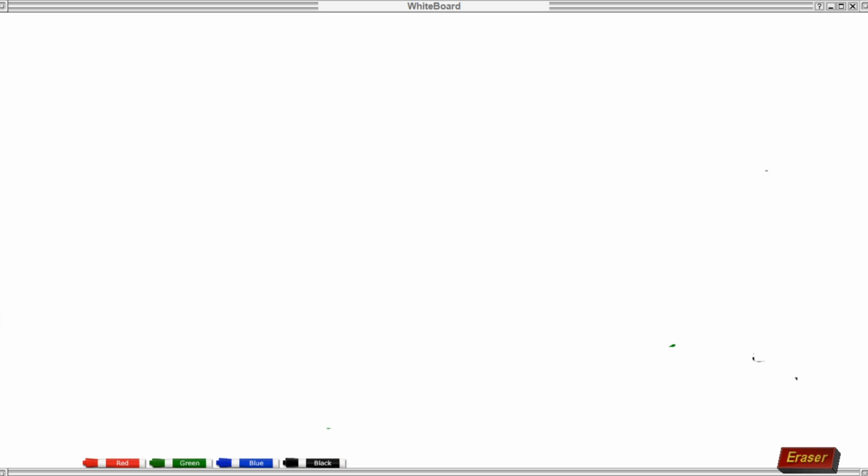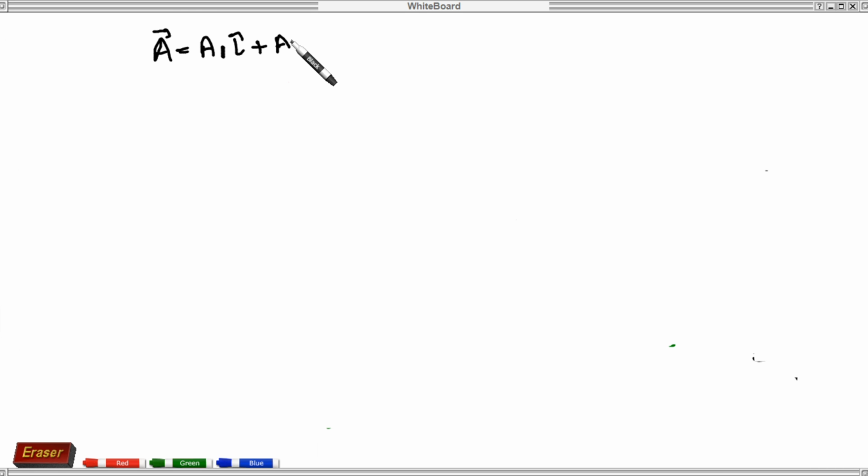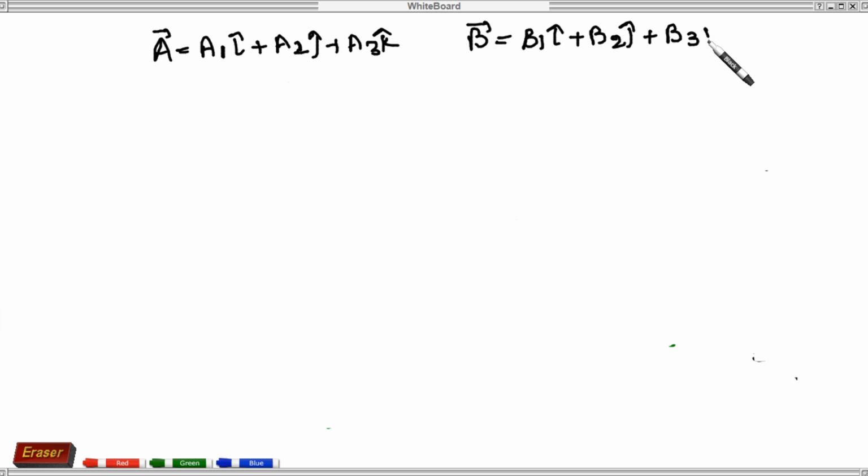Suppose I am given a vector A that is a1 i plus a2 j plus a3 k, and another vector B that is b1 i plus b2 j plus b3 k.